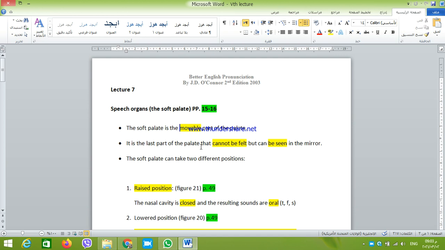We cannot feel it, but we can see it if we have a mirror in front of us and we open our mouth saying "oh" and open the mouth as much as possible. Maybe we will be able to see the soft palate. So it is not felt, it can be seen.